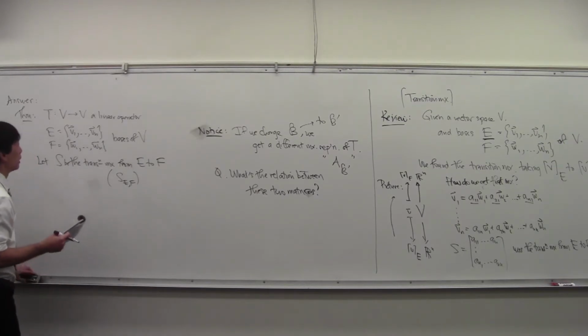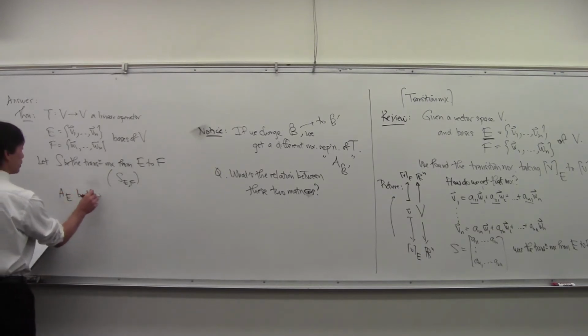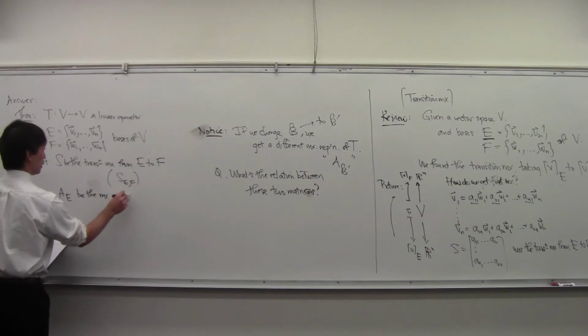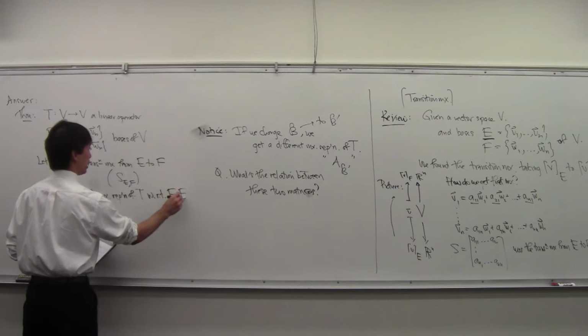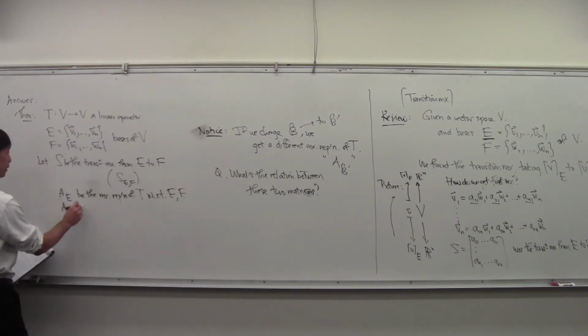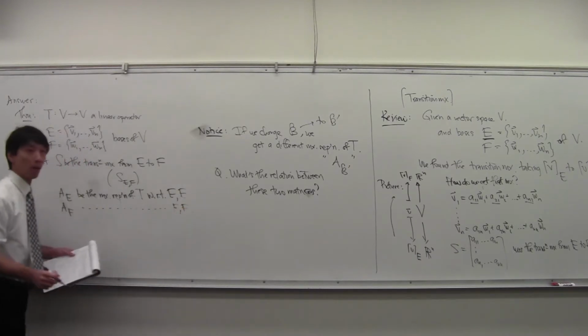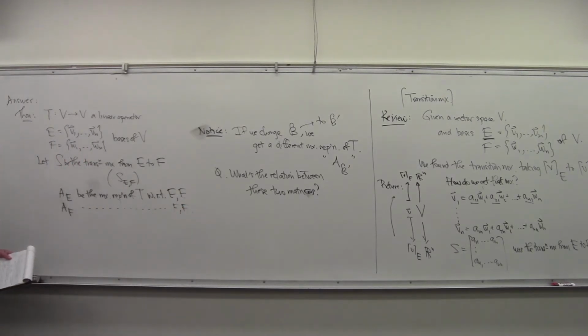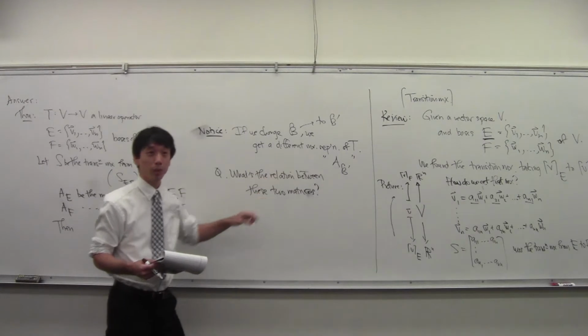Let A sub E be the matrix representation of T with respect to E and E on both sides. Let A sub F be the matrix representation of T with respect to F and F on both sides. Okay, so then our question was, what's the relation between these two representations?